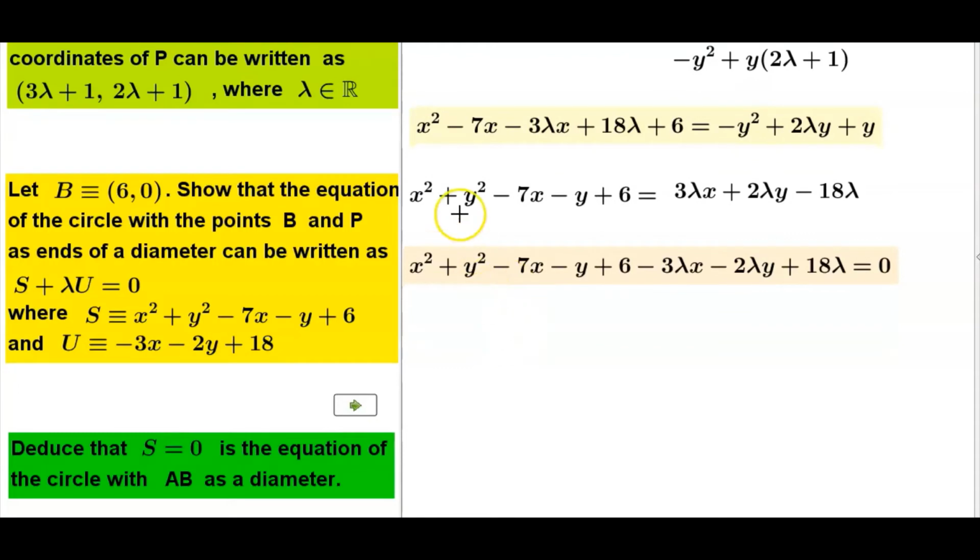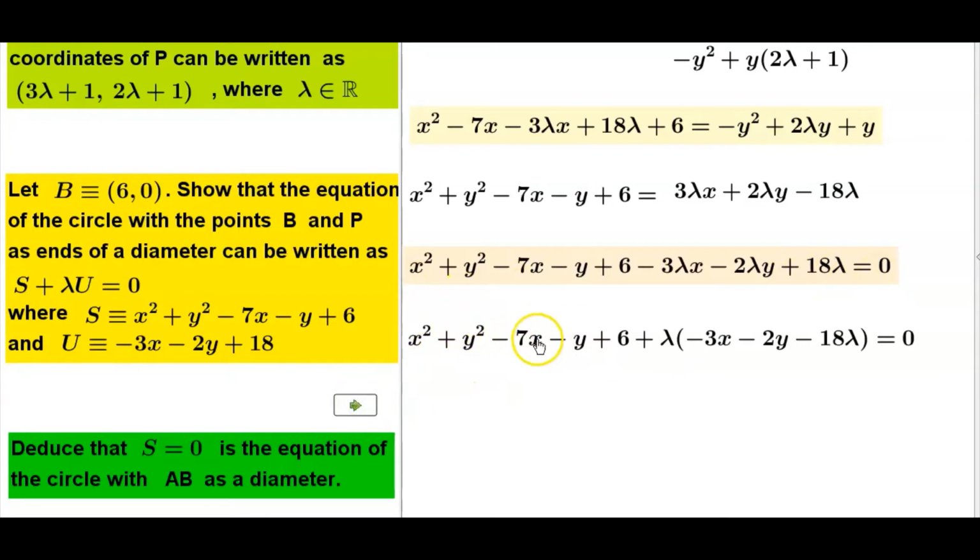When simplifying further, x squared plus y squared minus 7x minus y plus 6, and bringing this over, minus 3 lambda x minus 2 lambda y plus 18 lambda is equal to 0.